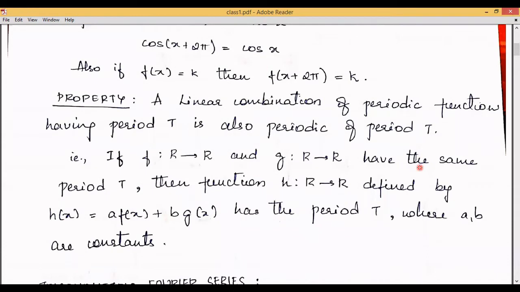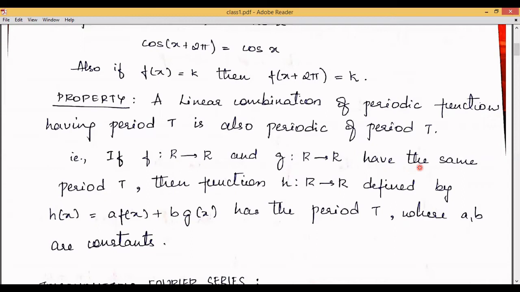Moving on to the property of periodic functions. A linear combination of periodic functions having period T is also periodic of period T. That is, if f and g are two periodic functions of period T, then the function h defined by h of x is equal to a times f of x plus b times g of x, that is, h of x, a linear combination of two periodic functions f and g, is also a periodic function of period T. Let me repeat.